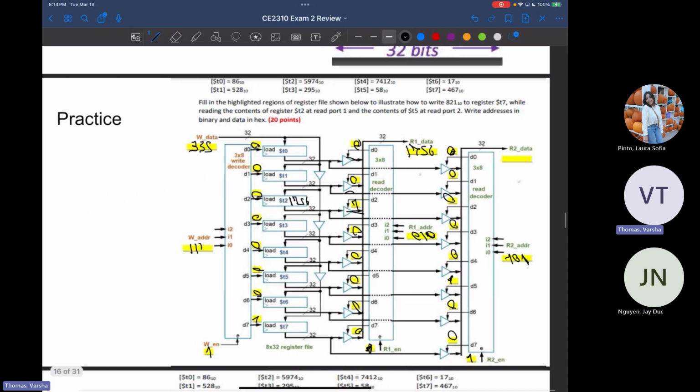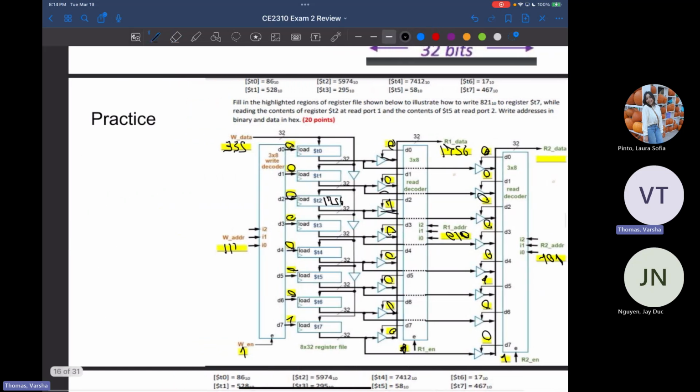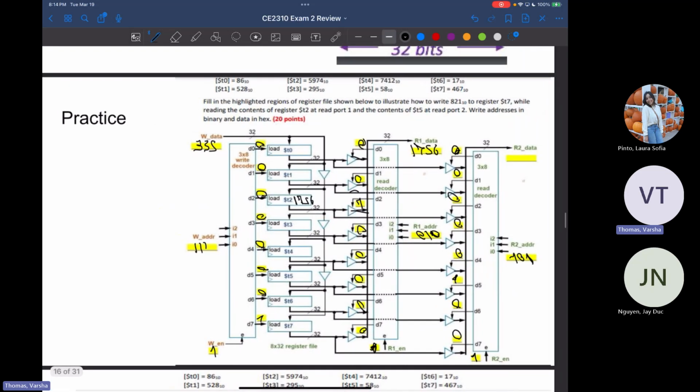Let's convert T5, so T5 is 58, into binary first, which is what they're asking for, and then from binary we go to hex. And this is an easier one because it's a smaller number. So 32 plus 16 plus 4. Let me just double check my calculator. Yes, sorry.